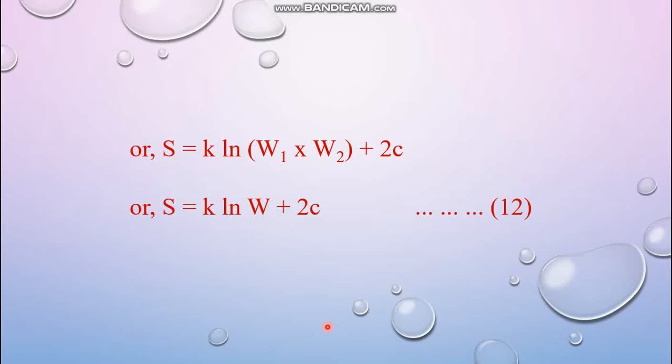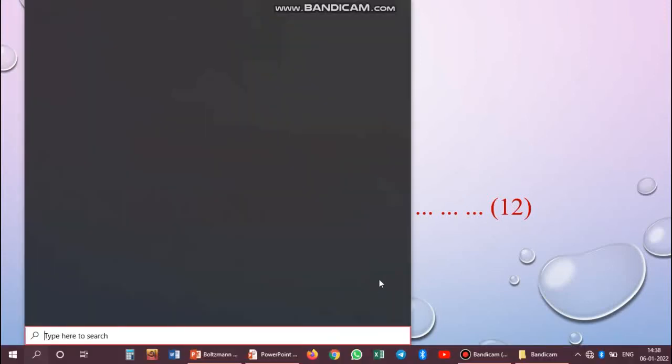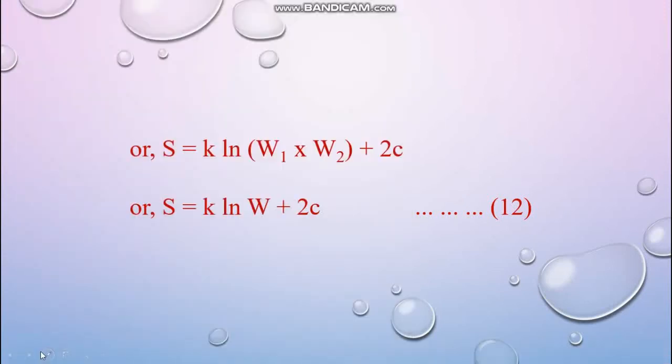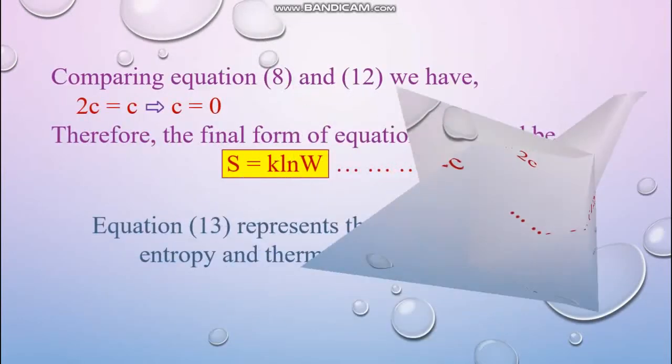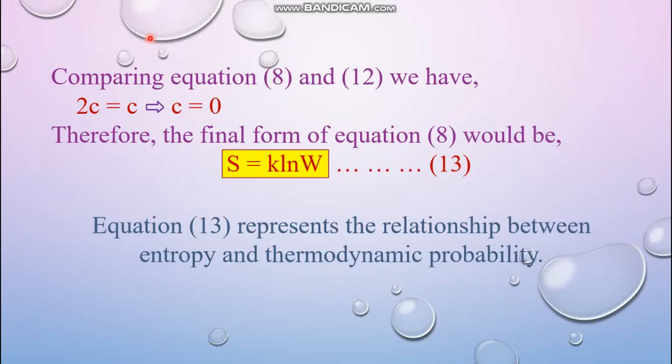Now what was equation number 8? Some technical problem, anyway. So what was equation number 8? S equals k ln W plus c. And equation 12 is S equals k ln W plus twice c.